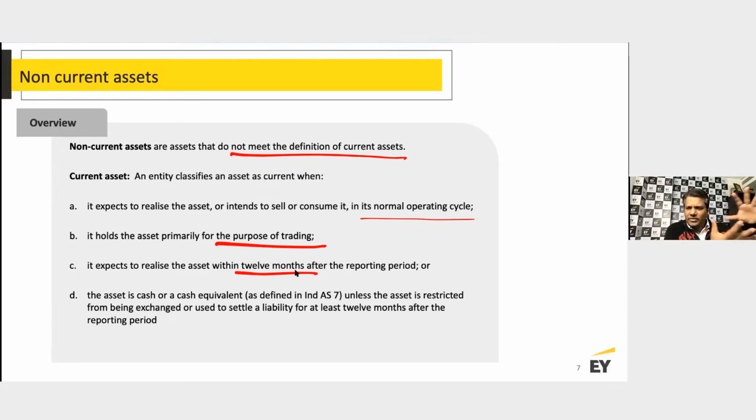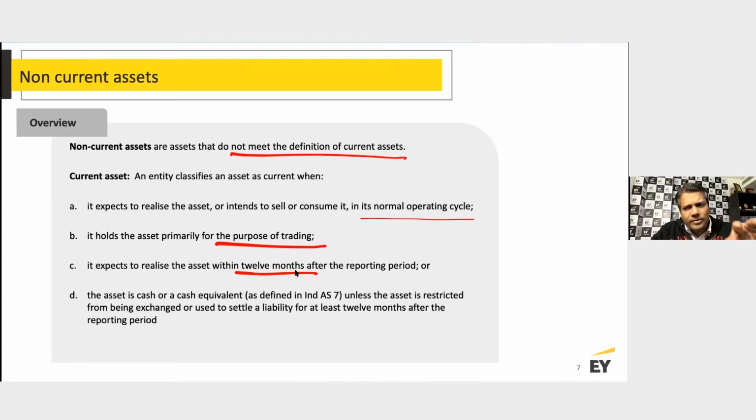Whatever you see as part of your working capital, your cash or cash equivalent, or things which you intend to realize within the next 12 months, all of them are current in nature. Everything else is non-current, and you have to have a non-current asset forming part of the disposal group for you to account for this under Ind AS 105.